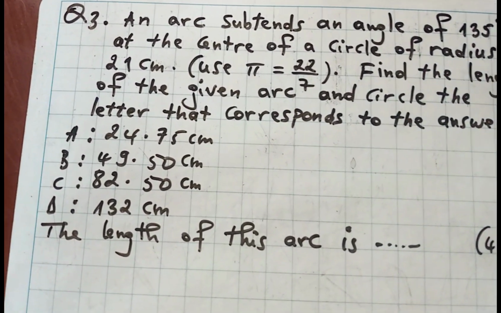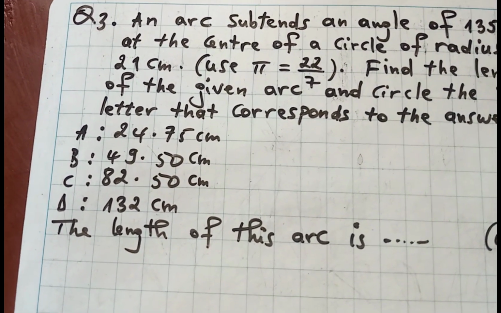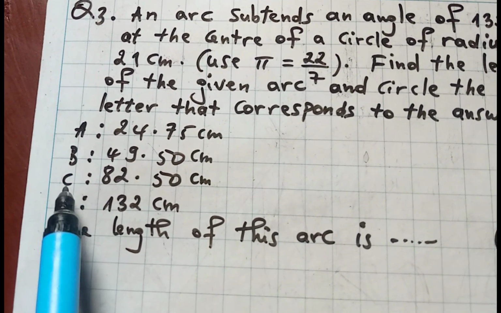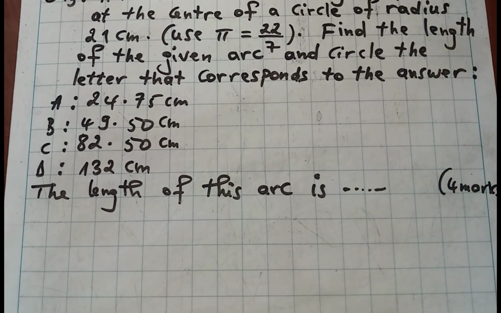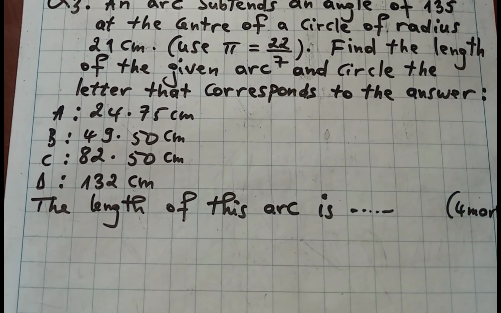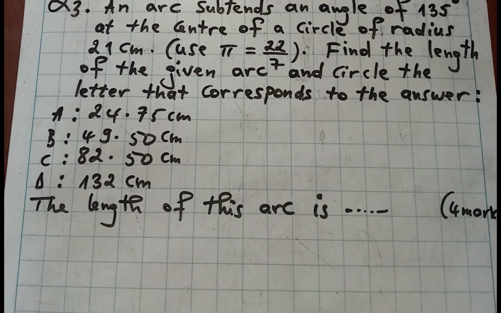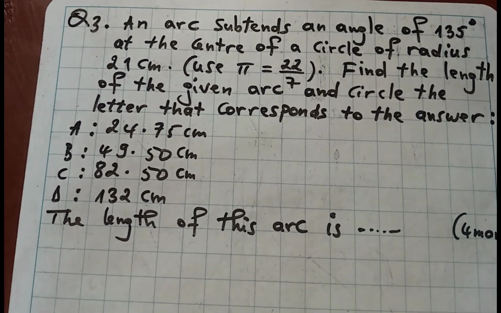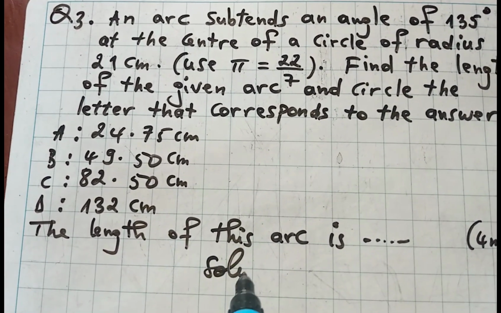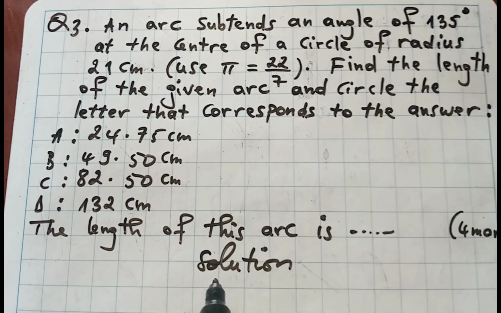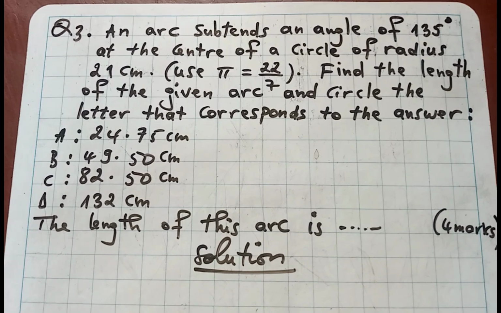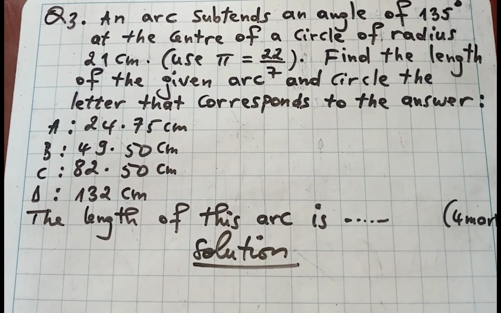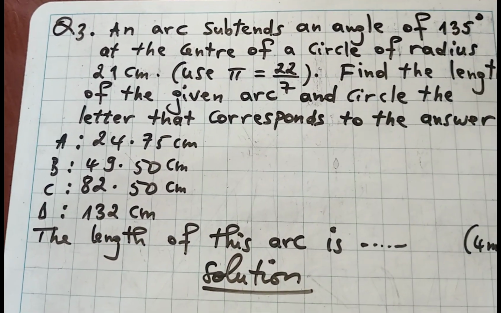Here you have 4 options for A, B, C, and D. To find the corresponding answer, to find the best answer, you have to calculate first. So, as solution, let us calculate the answer so that we will be able to choose the best answer among those 4.